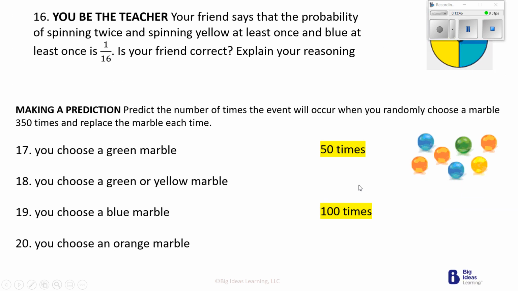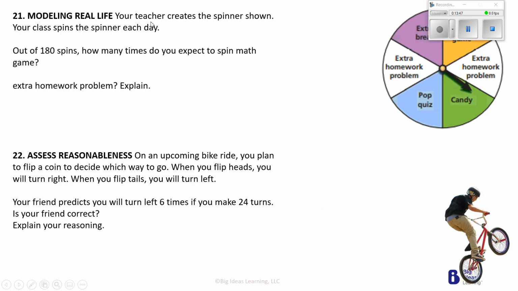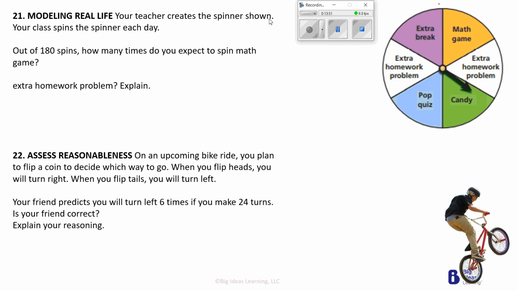Okay. For 21, your teacher creates a spinner that's shown here. Their class spins a spinner each day. Out of 180 spins, how many times do you expect the spinner to spin math games? So we got 1 block here, equal amount of space to the rest of these.